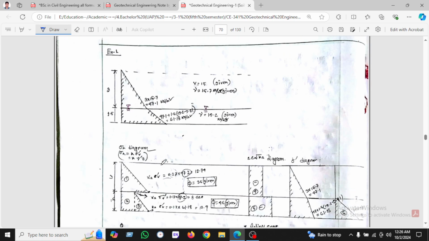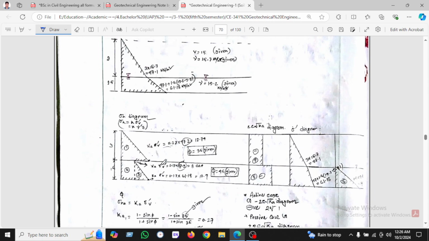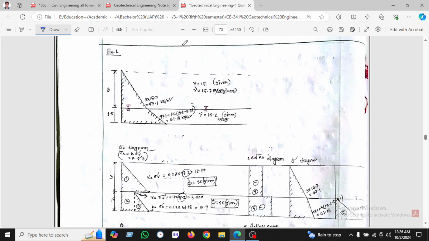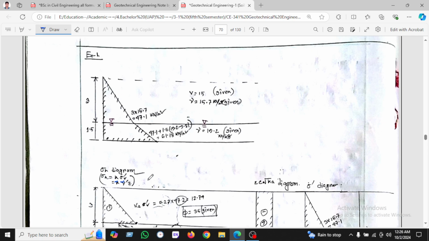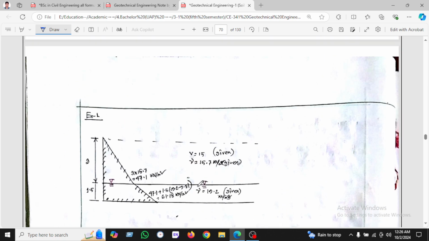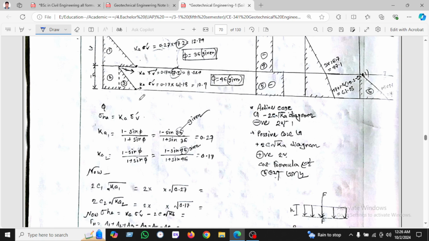Okay, so let's see an example. The example is given here. You can see the soil profile is given, so we can use the horizontal diagram, which is K vertical into K, the coefficient of active case. K is given here, which I have already calculated. Ka is 1 minus sin phi over 1 plus sin phi, which is 0.27.